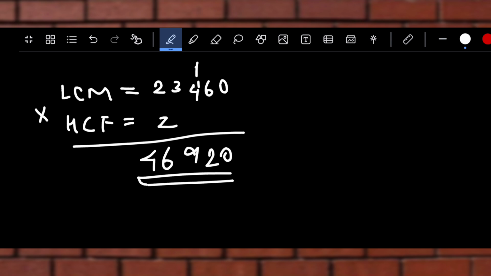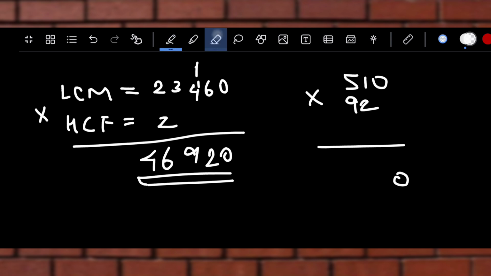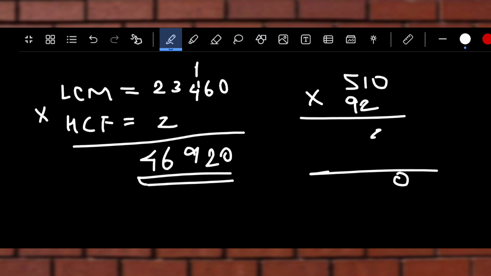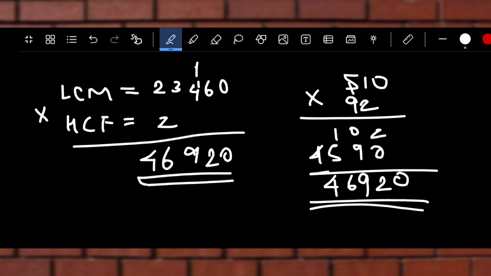And the product of the numbers 510 and 92, leaving the 0 in the bottom: 2 ones are 2, 2 fives are 10, 9 ones are 9, 9 fives 45, 2, 9, 6, 4. Yes, we got the same numbers.